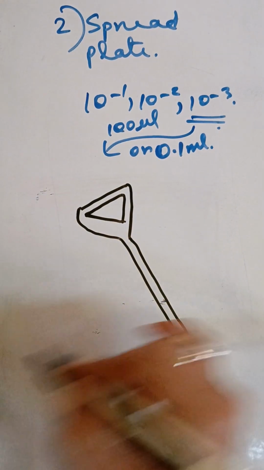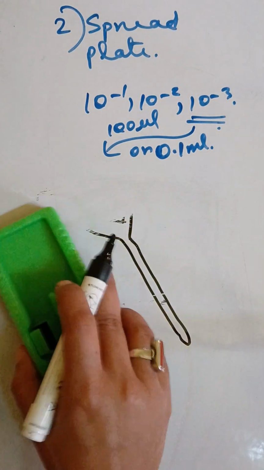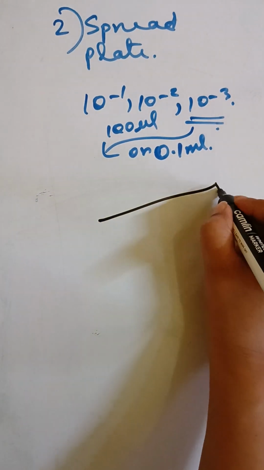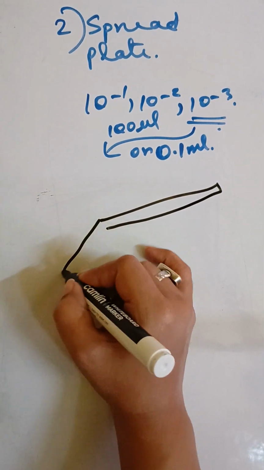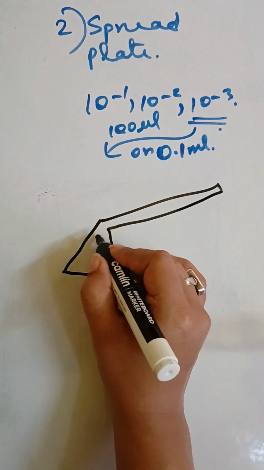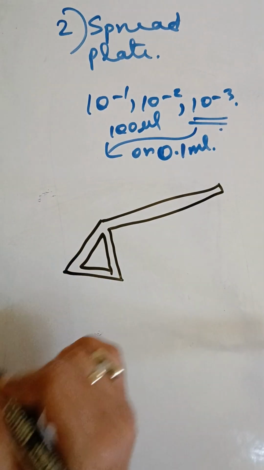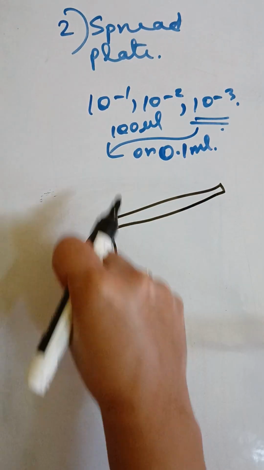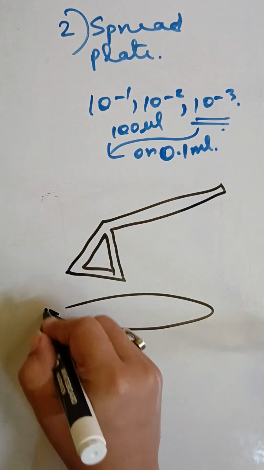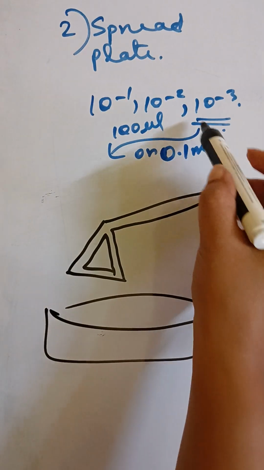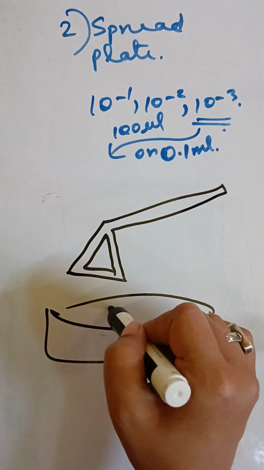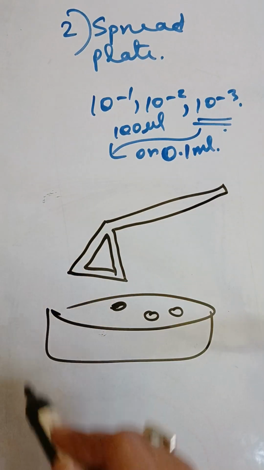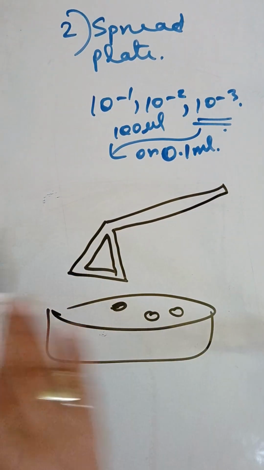It is not straight; it basically has this type of shape. With the help of this spreader, we hold it like this and spread the bacterial sample on the plate. First, we add the inoculum onto the plate, then spread it with the spreader and keep it for incubation.